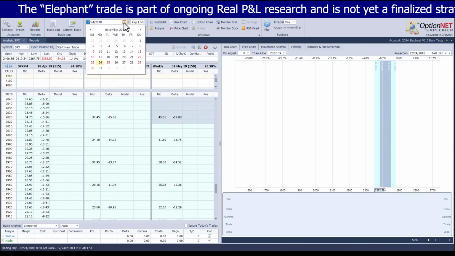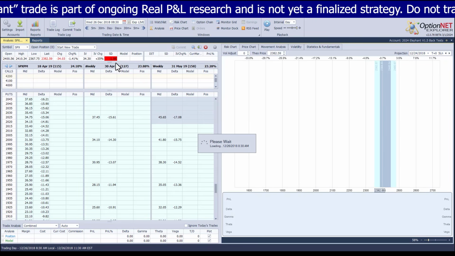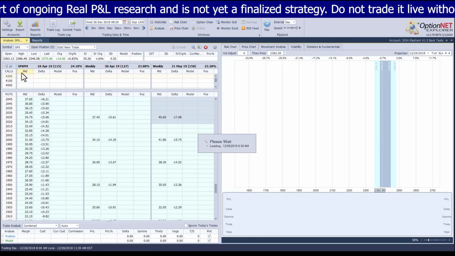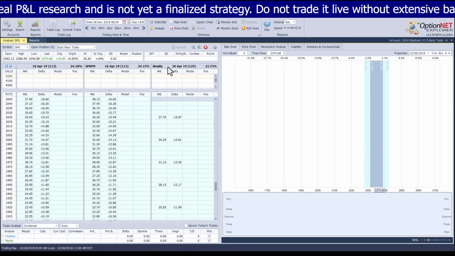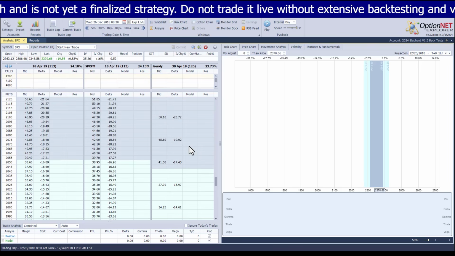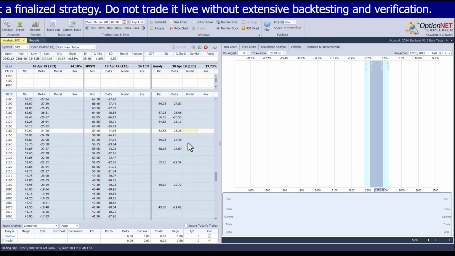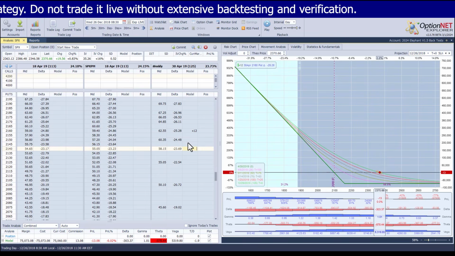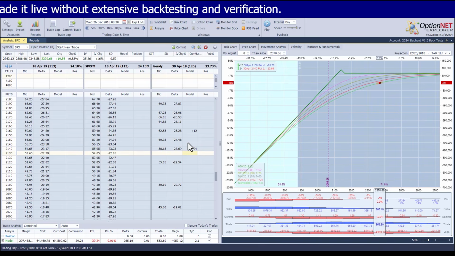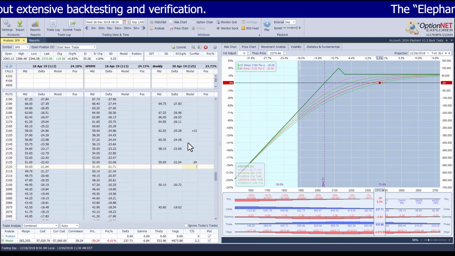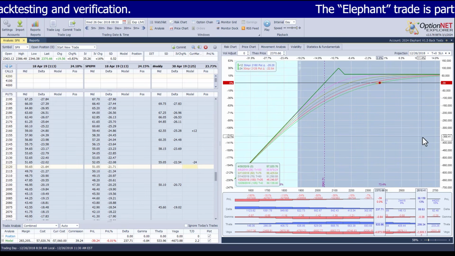Let's try one more day out and see what it looks like. Got the 113 and the 125. Let's try this. Closest to 25. Let's see how symmetrical this is.